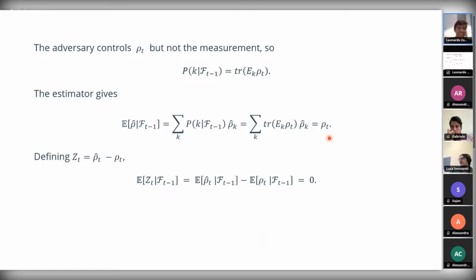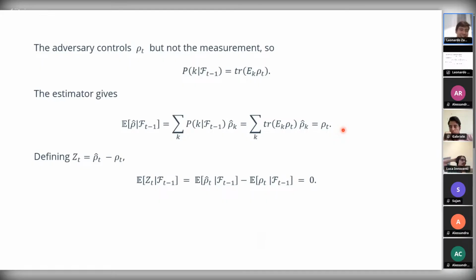Exactly. So that is the property. That is the nice thing about these single shot estimators. If you try to use a different estimator, maybe an estimator that takes information from several rounds, there the adversary could maybe bias the estimation. But in this case, he or she cannot do it, because if the adversary changes the state, I'm going to estimate that state, right? Right.